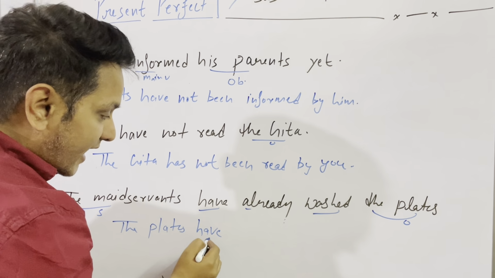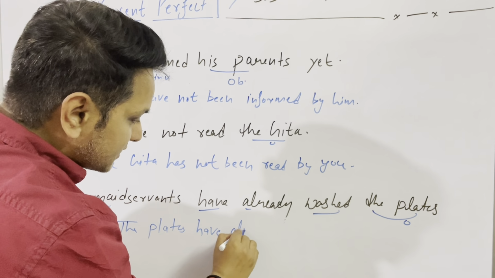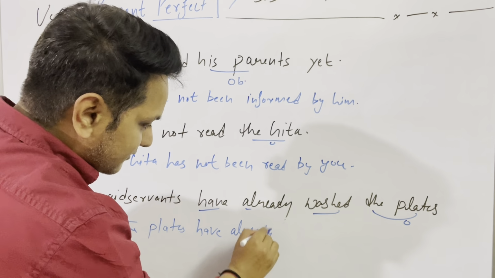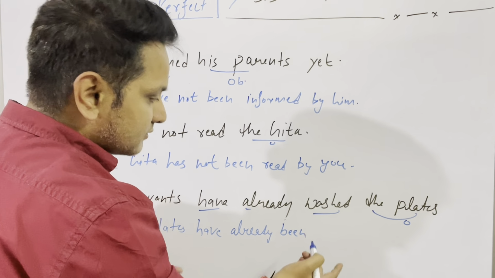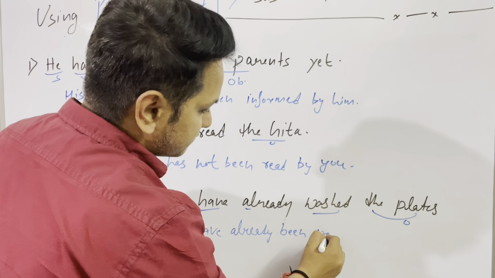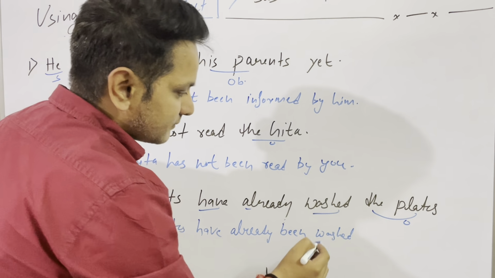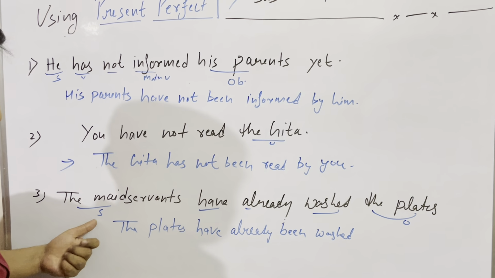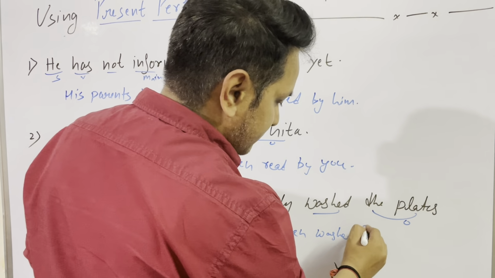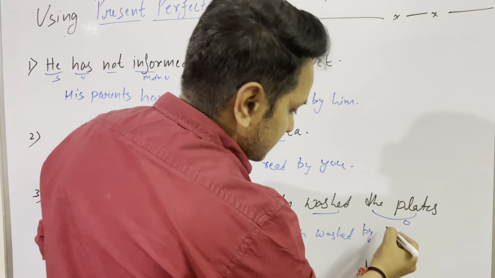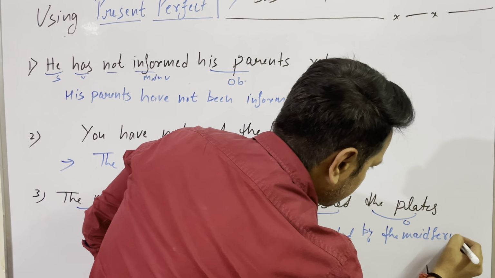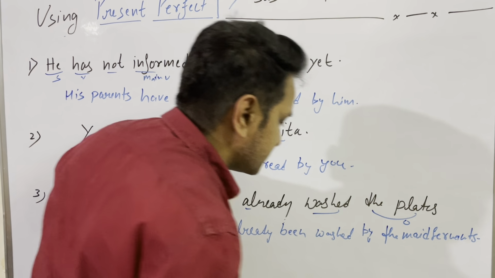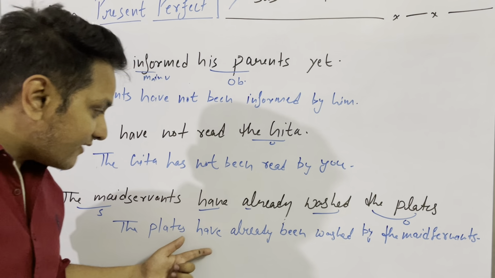So we'll be using have, then already, right? Then been will come. Washed is a third form only, V3. Washed by the maidservants. So the plates have already been.